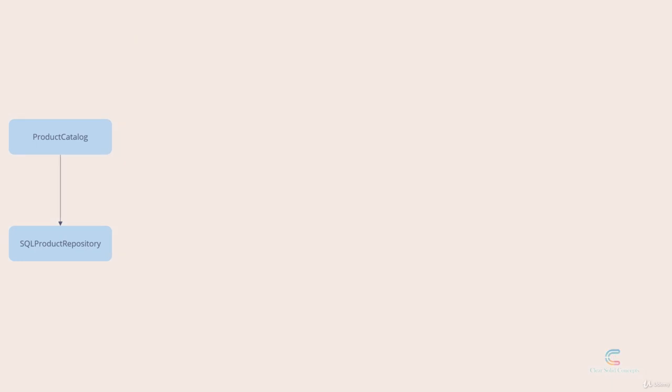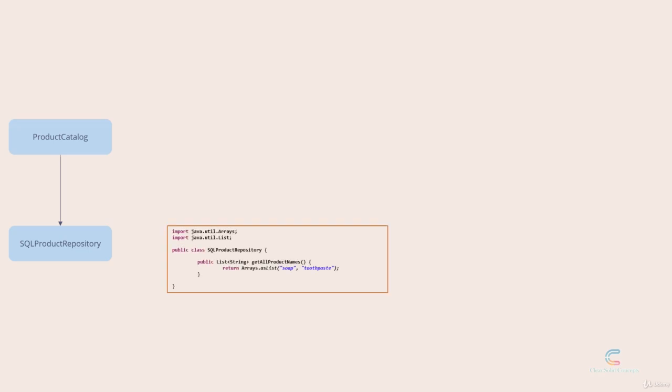Let's try to come up with some code snippets for this relation. So we have a SQL product repository class which contains a method called getAllProductNames. Assume this method contains the code to run a select statement from a product database table in the backend. This method returns a list of product name strings.